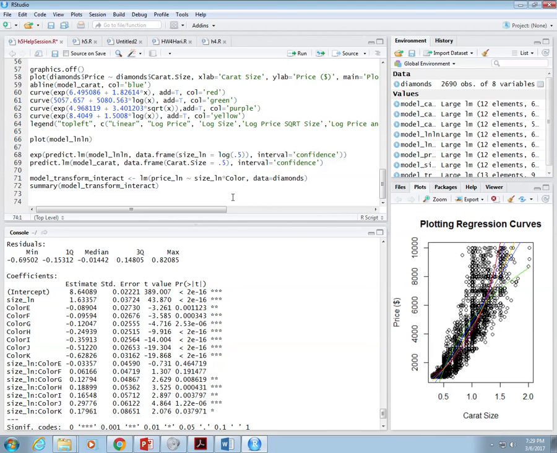You can unorder your colors by doing diamonds$color, and you want to make a factor which is the same as what it was before, except ordered should be equal to FALSE. I don't need to run that, mine's working fine, but if you see .L, .Q, to the power of 3, to the power of 4, to the power of 5, you should do that, and then rerun them all, and it'll work fine.